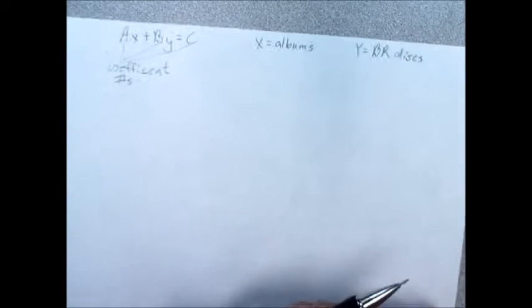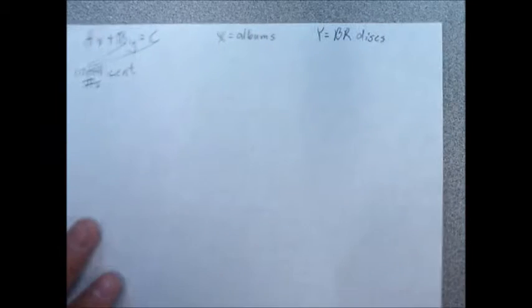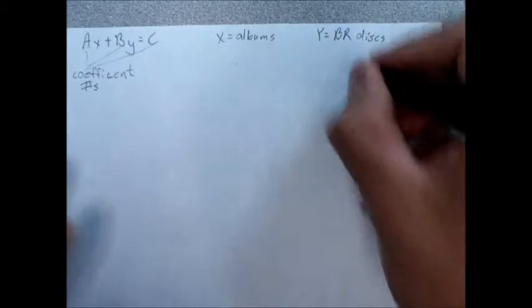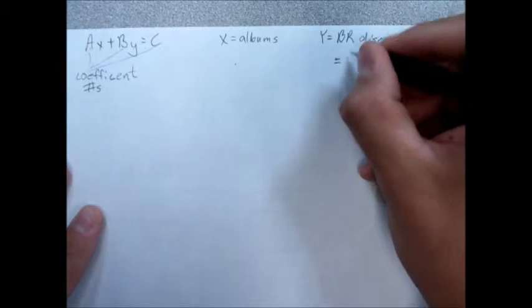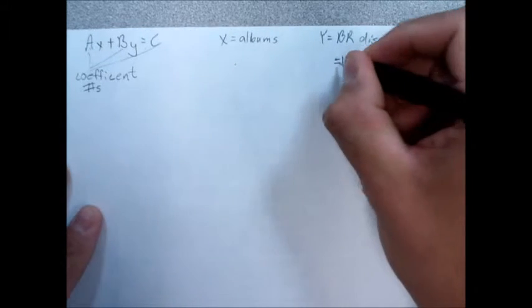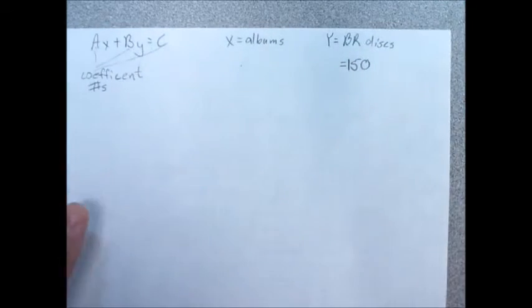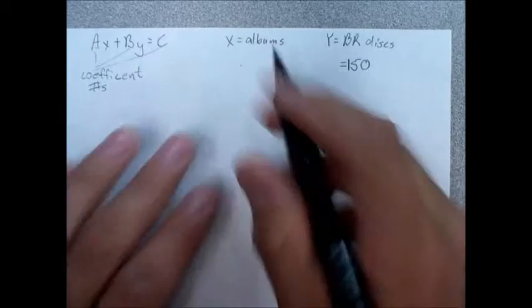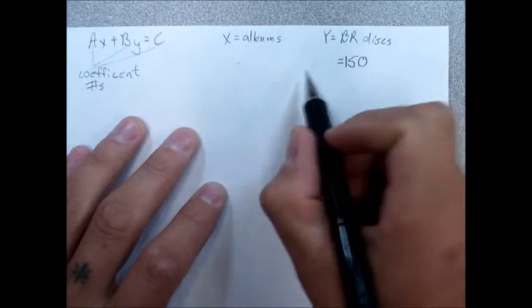Alright, so I've established what x and y are going to stand for. She's going to spend a total, everybody knows that total means I need to write the equal sign, of $150. Now, it says write and graph an equation to solve for these. So how many of each am I going to sell is basically the question.